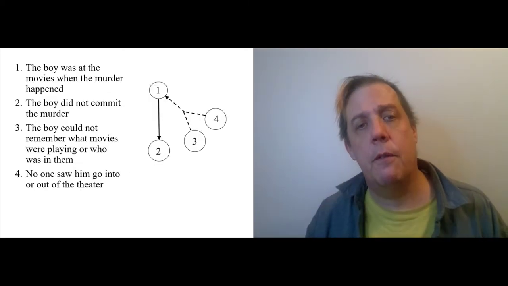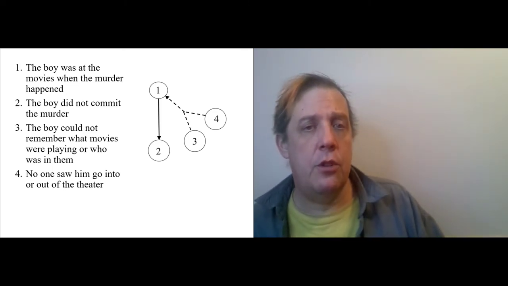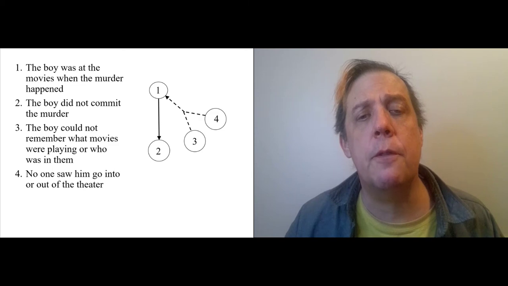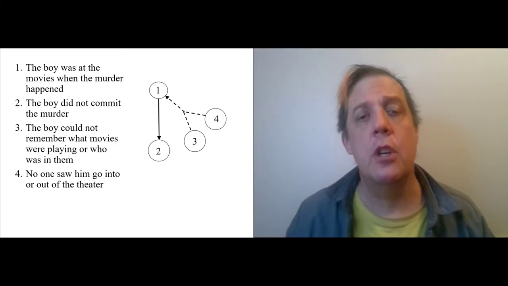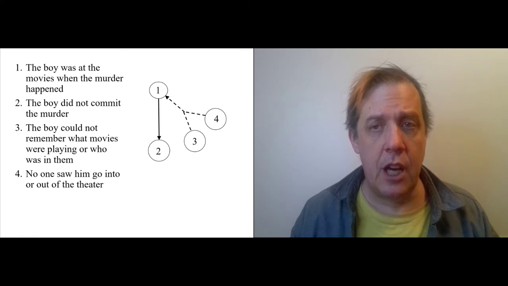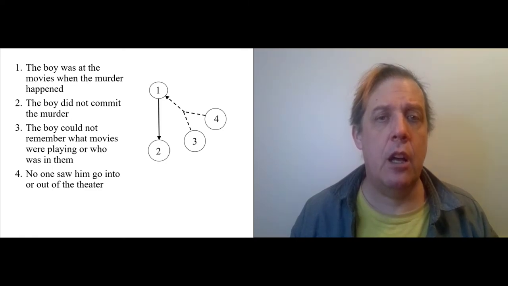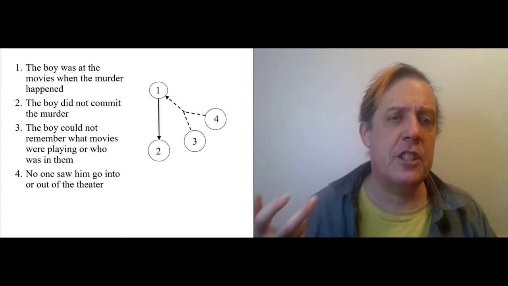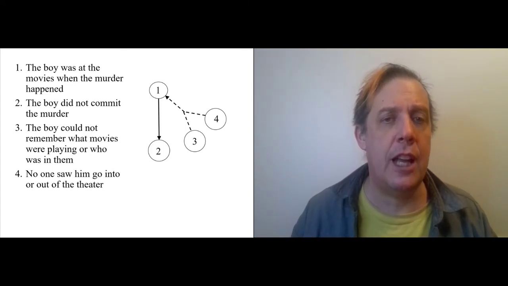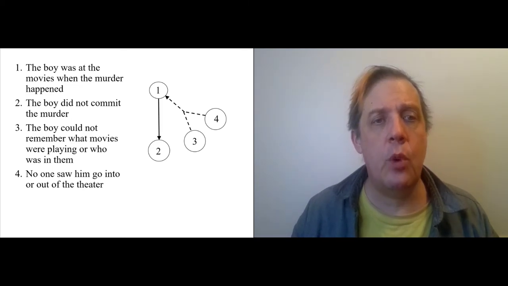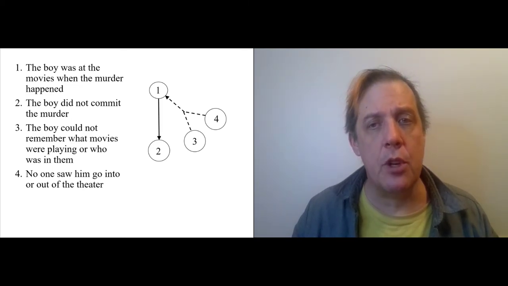The argument from the defense goes from 1 to 2, and then jurors, so that's going down the page. Juror 4 is presenting an argument that challenges that. And in fact, it's specifically challenging the claim in premise 1 that the boy was at the movies when the murder happened.